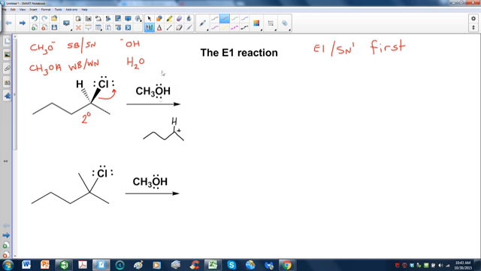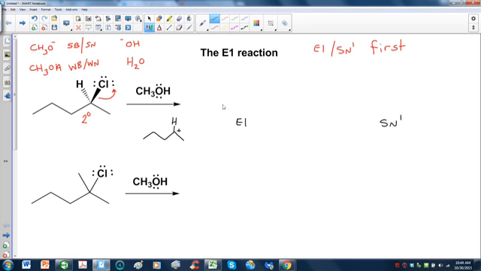So what that means is, if the methanol here is a weak nucleophile and a weak base, and this secondary substrate doesn't really prefer one or the other, then what happens is both happen. All right, both mechanisms happen. So what we need to look at is, can we draw out the products of each of our reactions? So I'm going to do what I did first, and I'm going to list the E1 products first and then the SN1 products afterwards. All right.